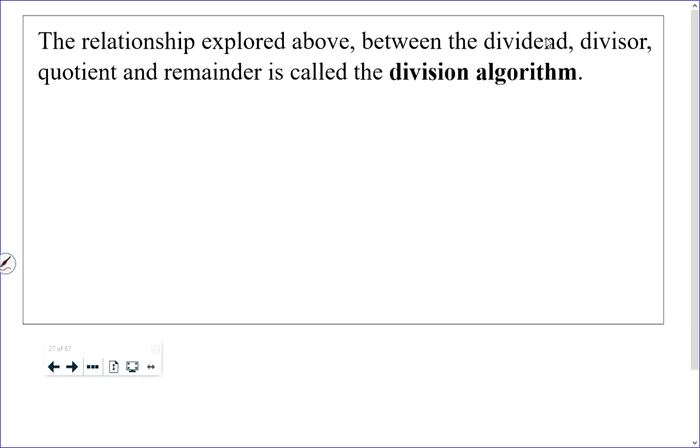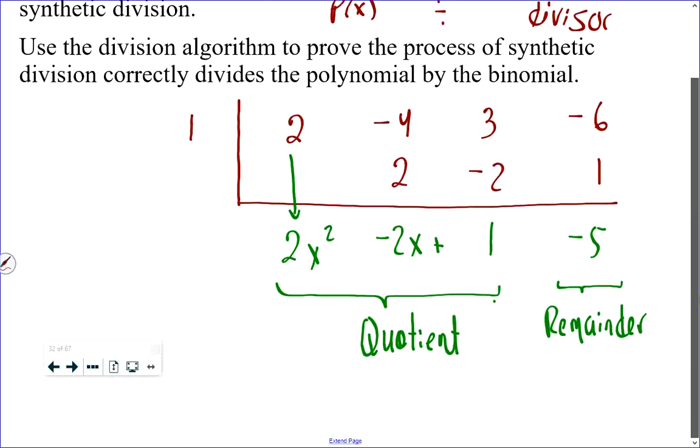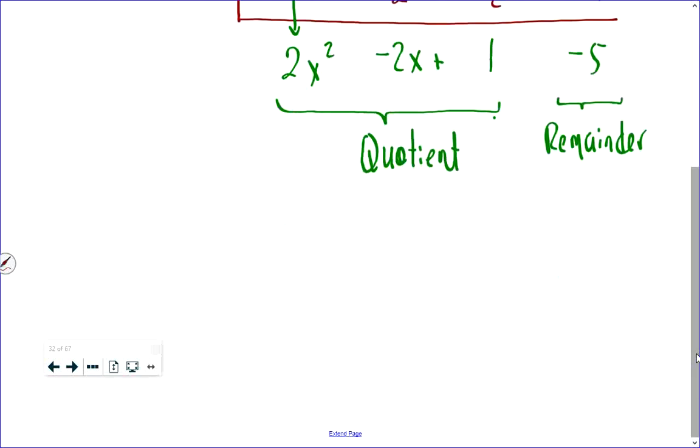If in this example, I take the quotient times the divisor and add the remainder, I have to get the polynomial I started off with. And this is my way to convince you that what we're doing is not just gibberish. It has a meaning. So what we need to do, and I prefer to use this one, is say the quotient multiplied by the divisor plus the remainder has to give us the original polynomial.